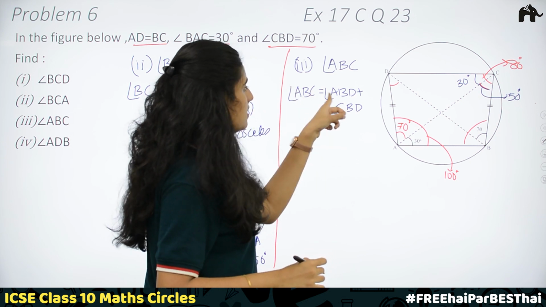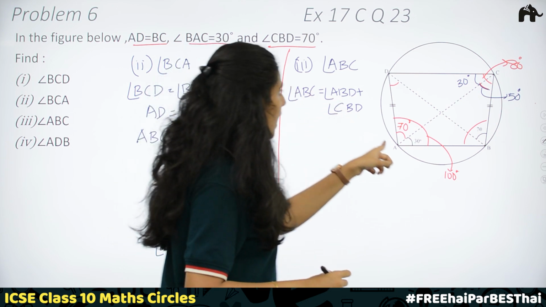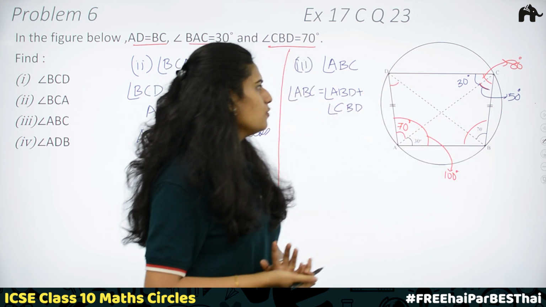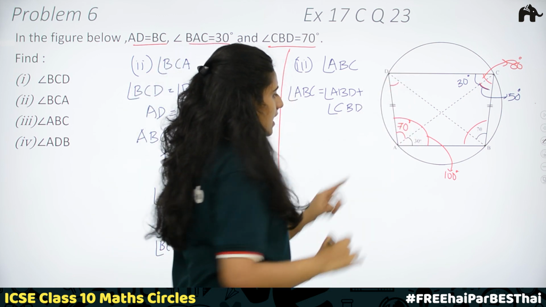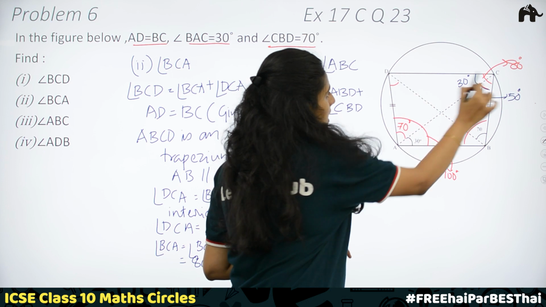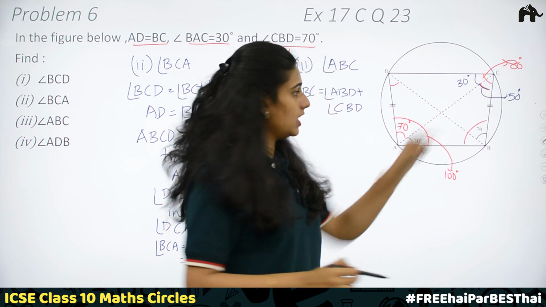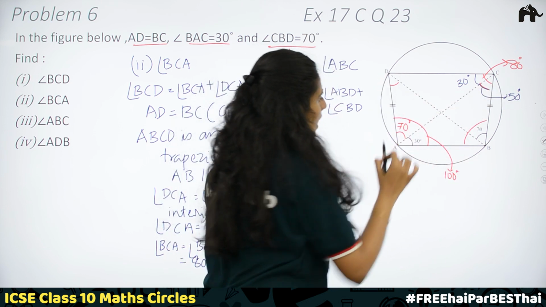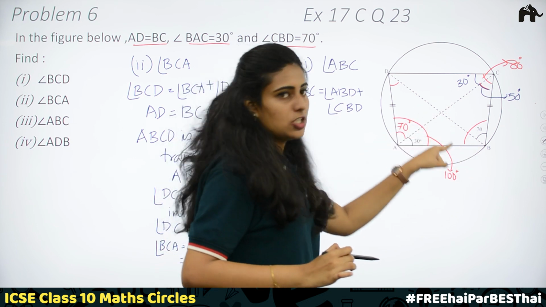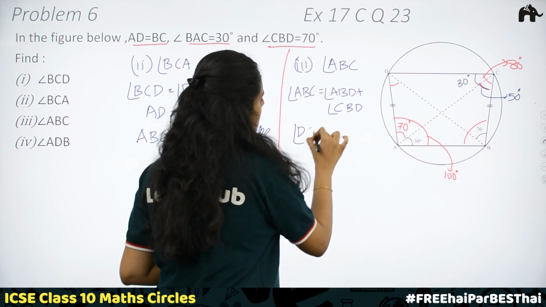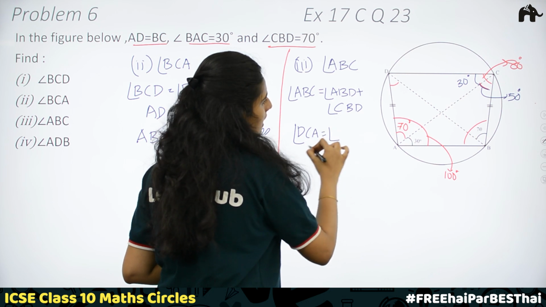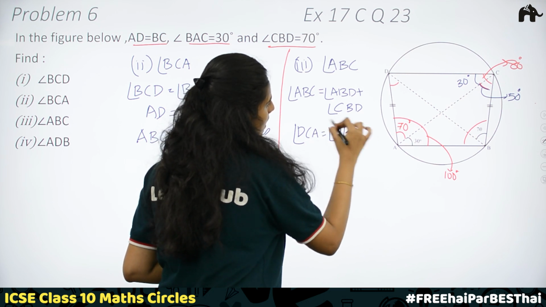To find ABC, we need one more angle, that is ABD. How to find ABD? When you consider this chord AD, AD subtends angle DCA at this point and DBA at this point. Then their measures should be equal. Therefore, we can write angle DCA is equal to angle DBA.